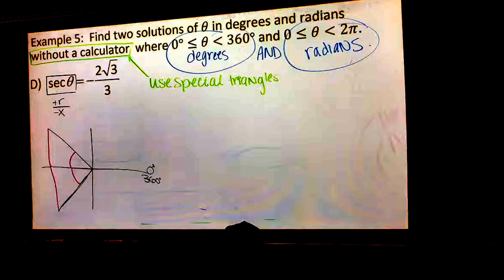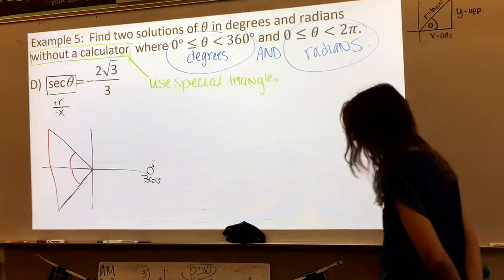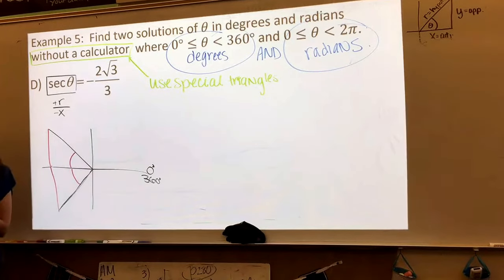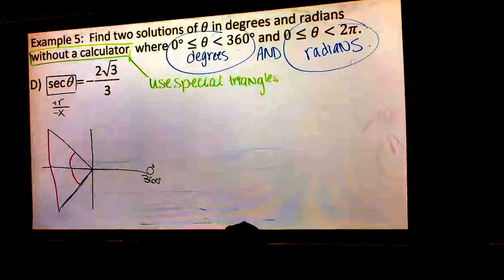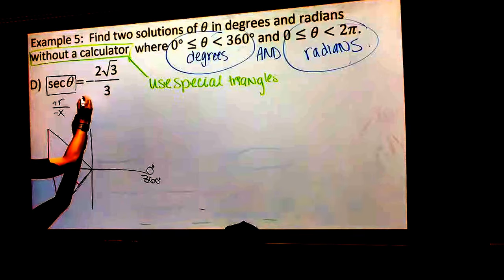What are our special ratios? As far as side lengths, like √3/2 and √2/2. Okay, so we know it has to be 1/2, √3/2 or √2/2. What's the r always when we're looking at our special triangles? 1. So we know that the r here is 1.